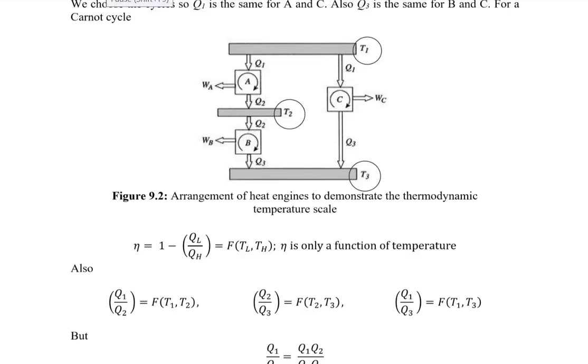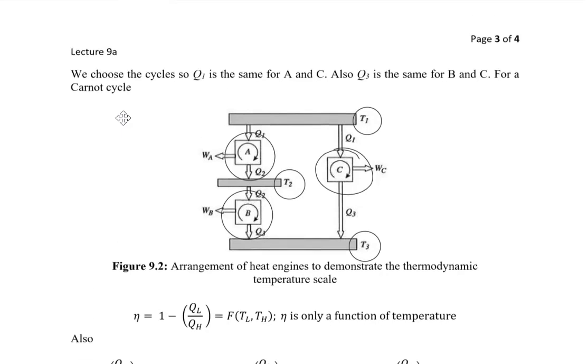There is a heat engine C working between the highest and lowest temperature reservoirs, a heat engine A working between the high and medium temperature reservoirs, and a heat engine B working between T2 and T3. And obviously there is work done by heat engines C, A, and B.